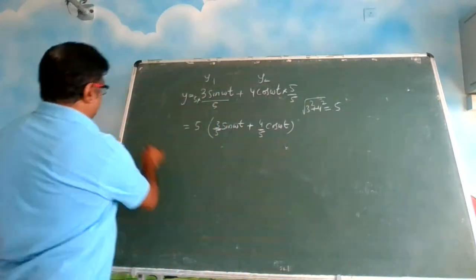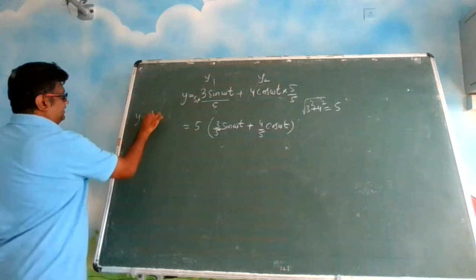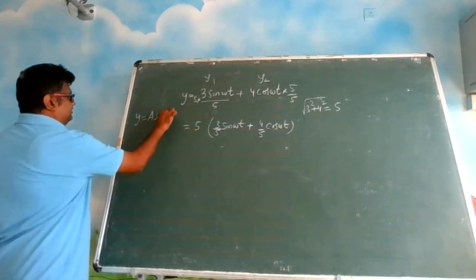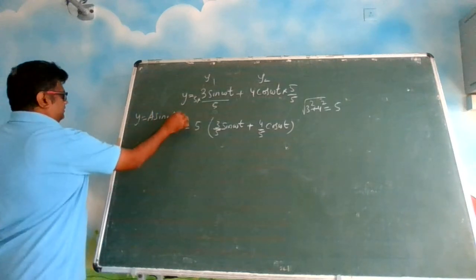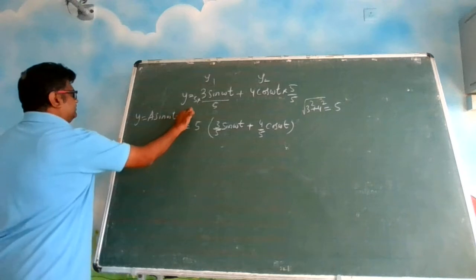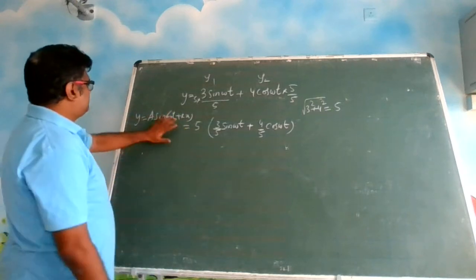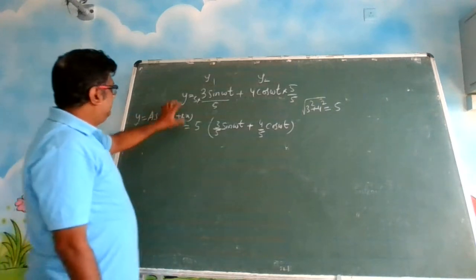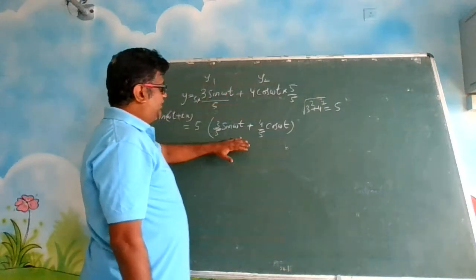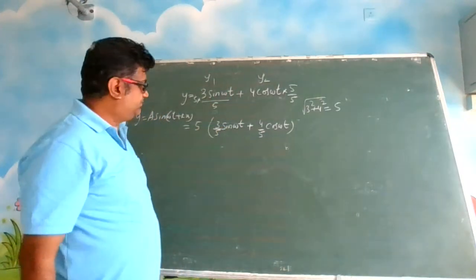See, any wave expression is in the terms of a sin omega t plus kx. It is in this format. So we have to reduce this expression into that a sine format.